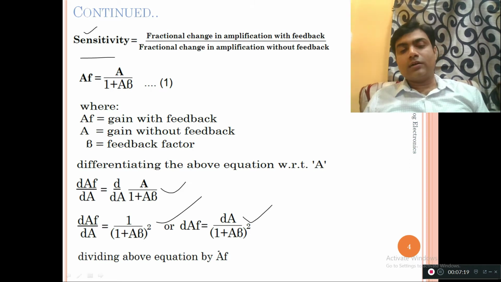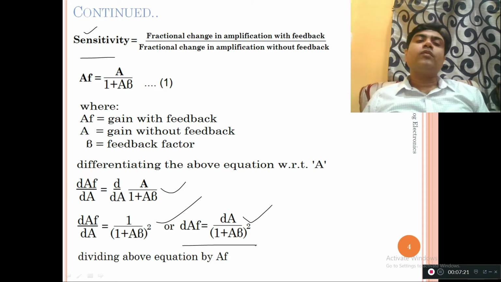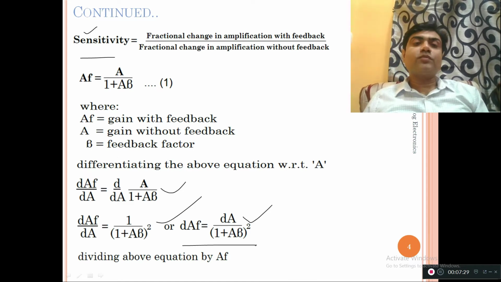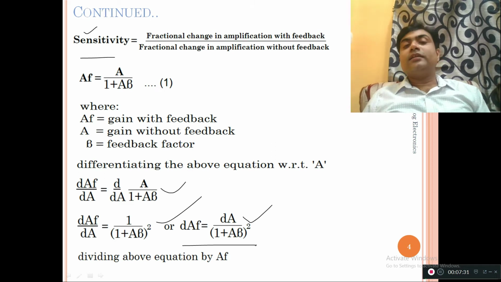Why are we going for this particular value? Because we want to see the fractional change in amplification with feedback to the fractional change in amplification without feedback. So it is very important to know what changes have occurred in the negative feedback amplifier with respect to the original value of the gain.